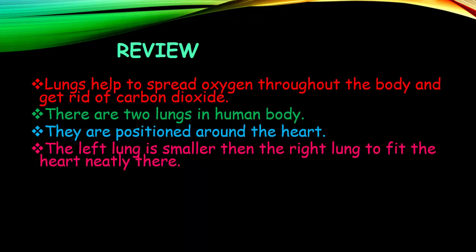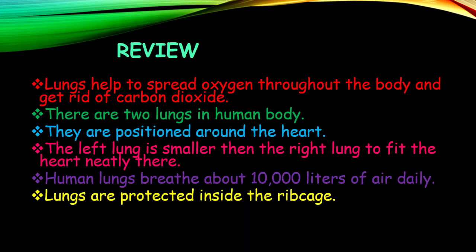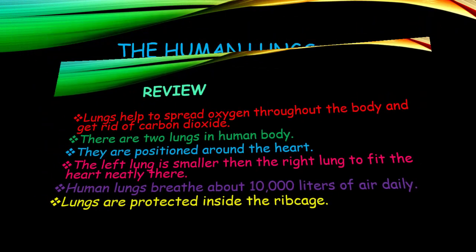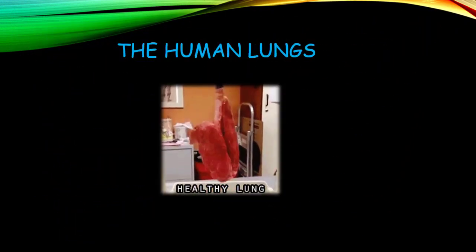The left lung is smaller than the right lung to fit the heart neatly there. Human lungs breathe about 10,000 liters of air daily. Lungs are protected inside the rib cage. And today, in continuity, we will learn about the human lungs.